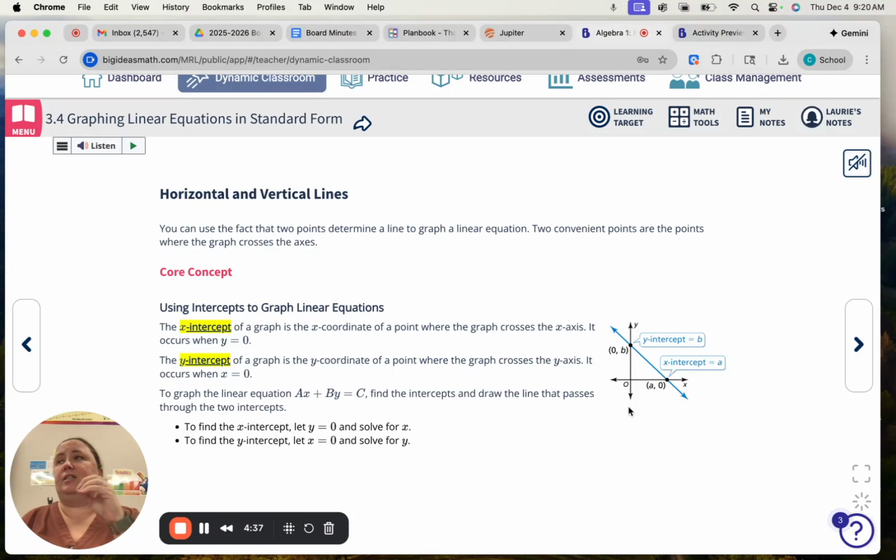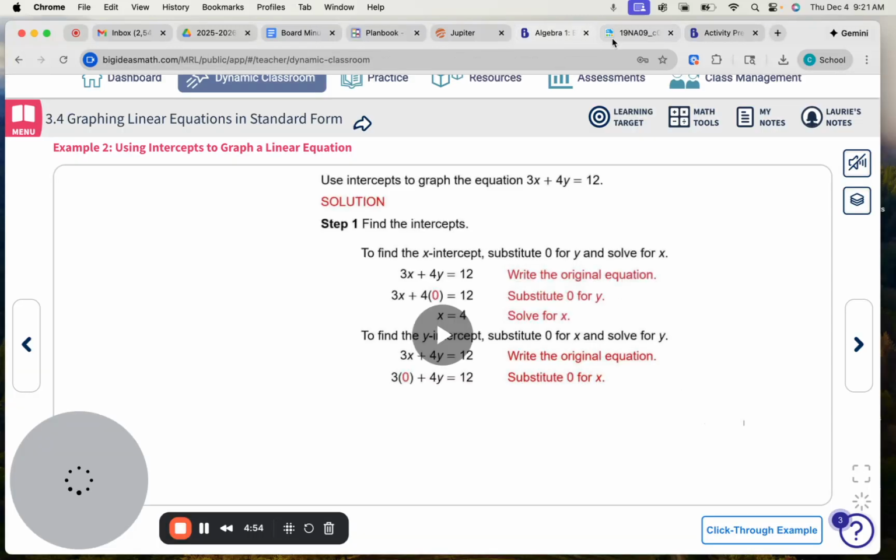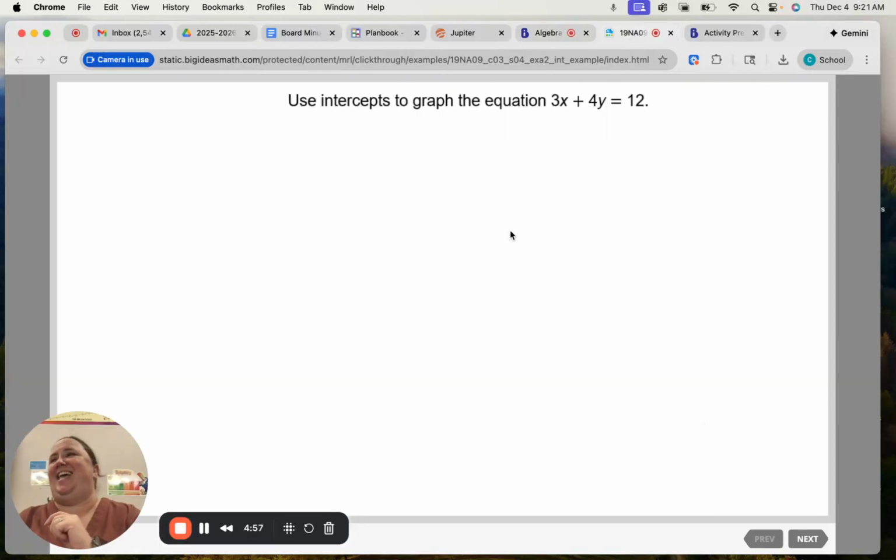Easy. So the x-intercept is when y equals what? 0. And the y-intercept is when x equals 0. Very good. That's all you need to learn from all of this, okay? Because then you're going to be able to solve it algebraically, which is so much faster than graphing. Graphing is great. Algebra is better, in my opinion.